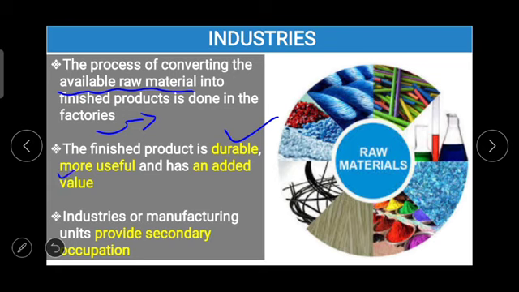Sugar is more useful than sugarcane and has an added value. Industries or manufacturing units also provide secondary occupation. So all these are the reasons why we need to convert raw material into finished product.